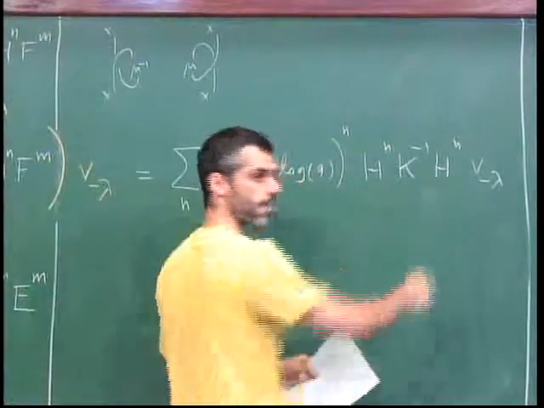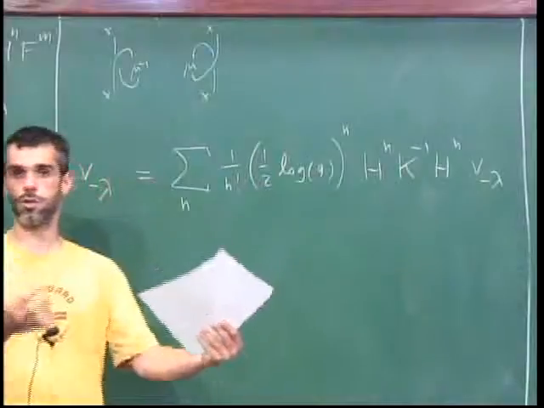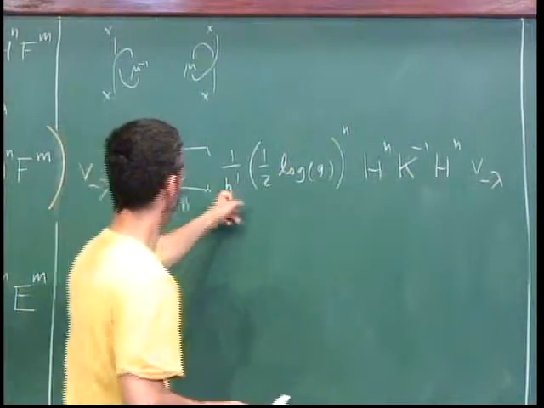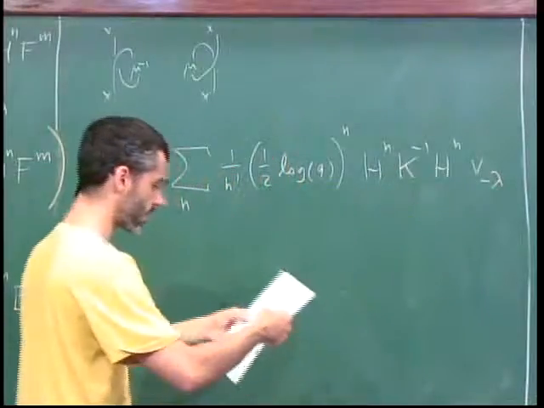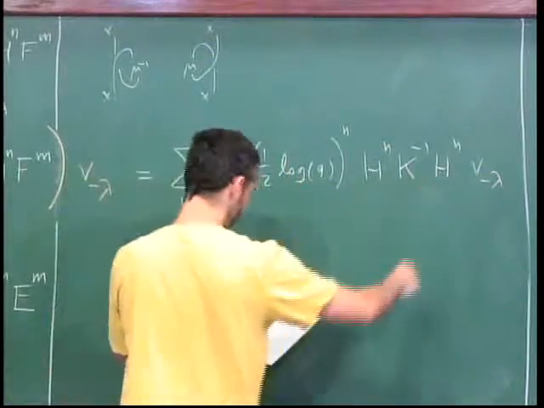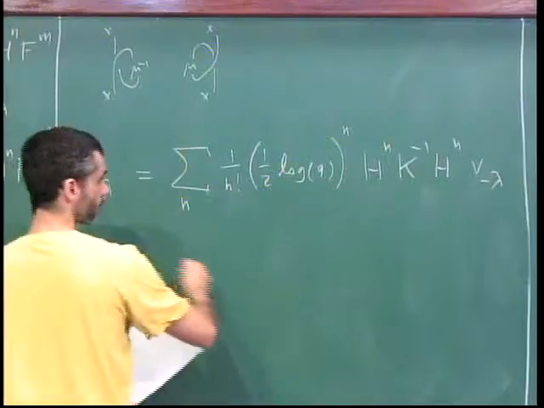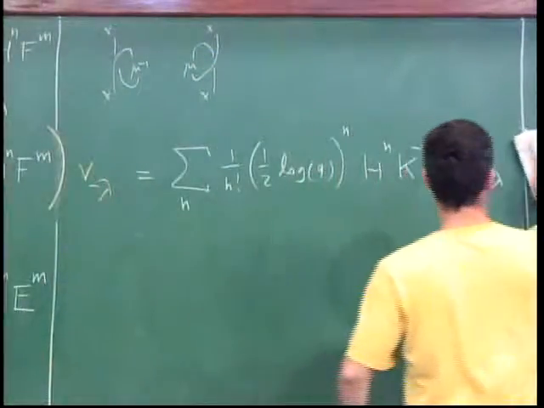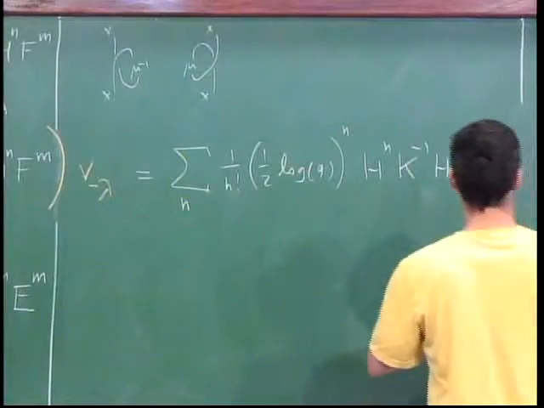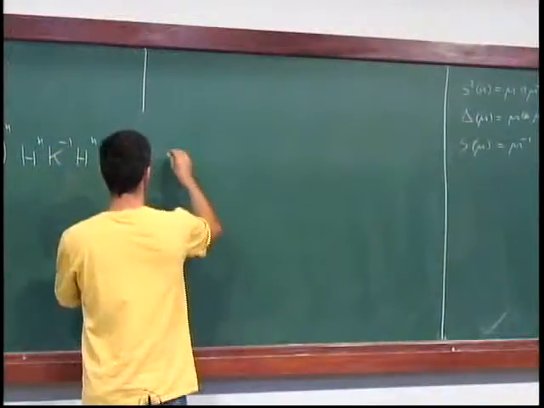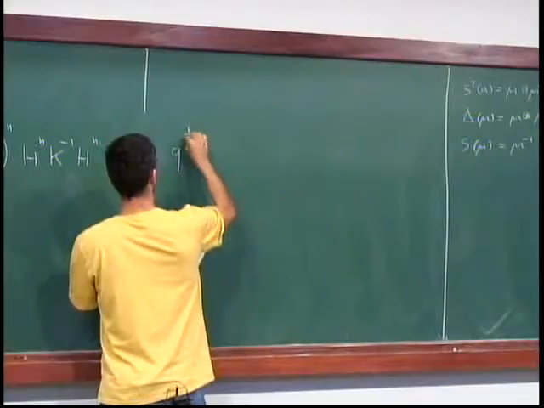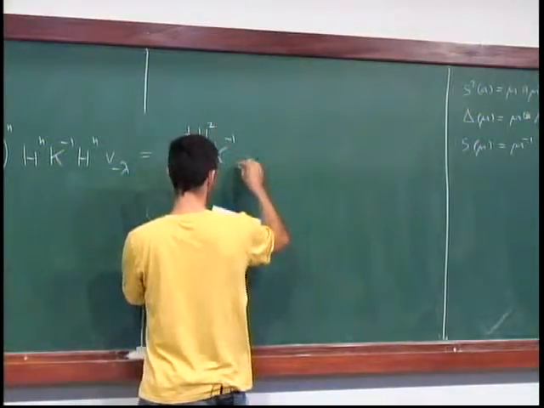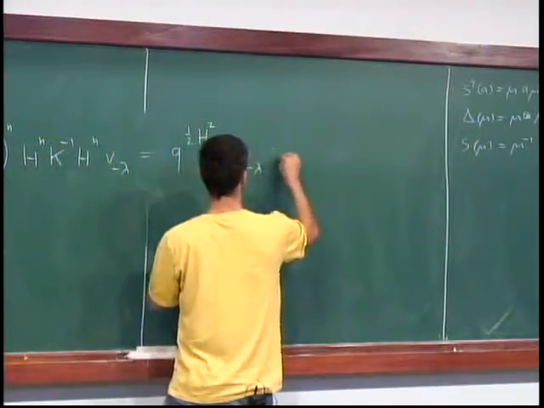The h's and the k's commute. I mean, they're both just functions on the weight lattice. And we get this expression, sum of this, that, h, tensor h. So that acts on this particular vector as q to the 1/2 h squared, k inverse acting on v sub minus lambda.